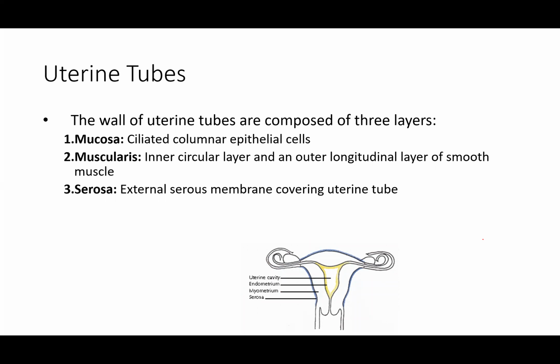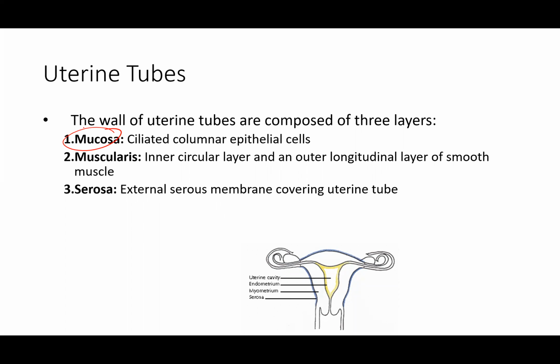The wall of the uterus is made of 3 layers. The mucosal layer. A lot of tubes and spaces in our body need a mucosal layer, right? Your esophagus, trachea, large intestine, small intestine, and so on. Really, all the tubes and cavities in the body need a mucosal layer.